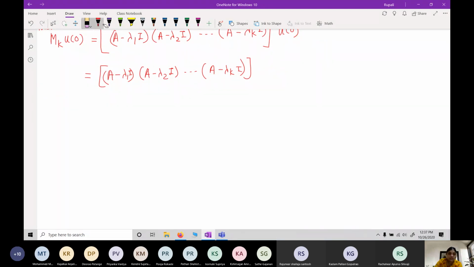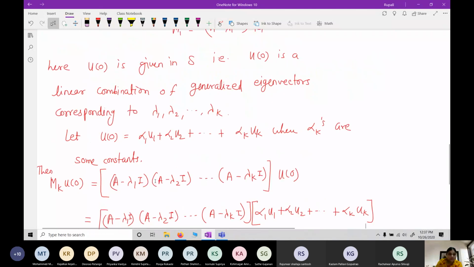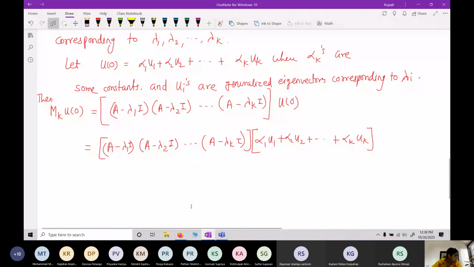I have written u0 as the linear combination alpha 1 u1 plus alpha 2 u2 plus up to alpha k uk, where the alpha i's are some constants, and the ui's are generalized eigenvectors corresponding to eigenvalue lambda i. Is that okay?